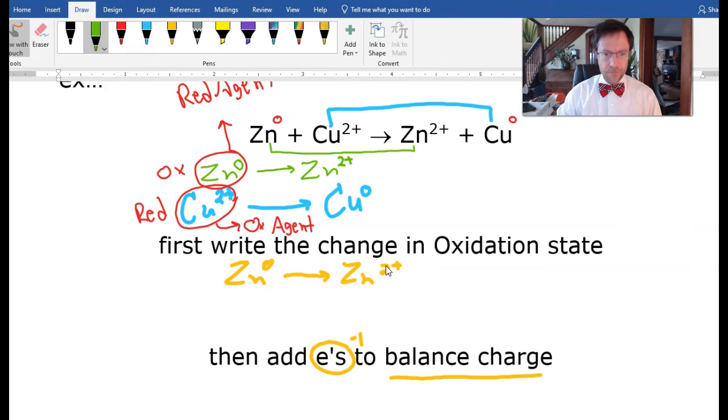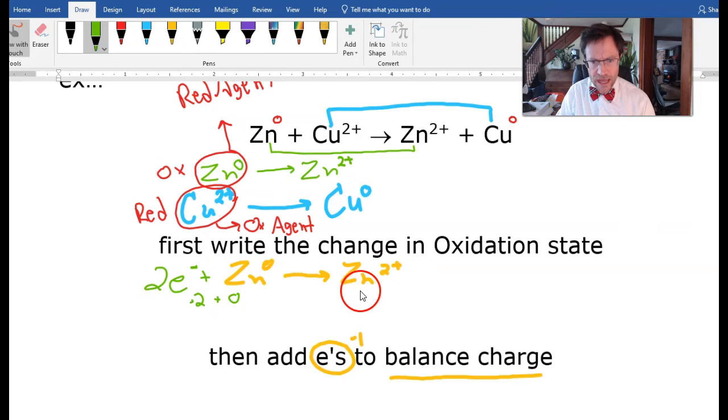Okay, so electrons are negative. The charge goes from 0 to 2+, so I know I'll need 2 electrons because there are 2 charges changing. I'm going to try to put them here, and then I'm going to check myself. On this side, if I add up all the charge, I have 2 times -1, that's -2. And here I have 0.